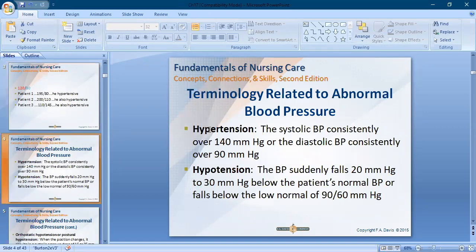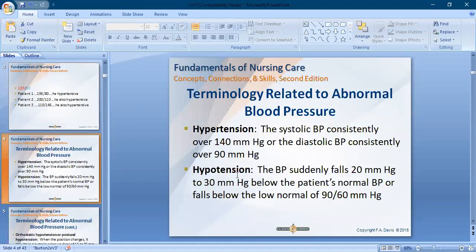Same thing here. Hypertensive means the systolic blood pressure is constantly over 140 millimeters of mercury and diastole constantly over 90 millimeters of mercury, right? Constantly, they say.